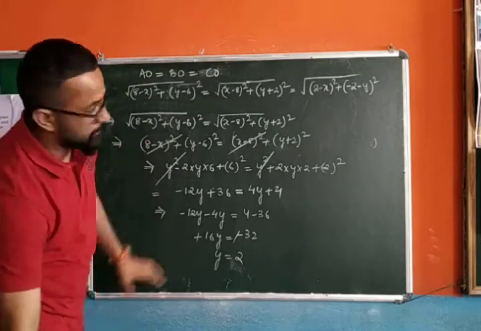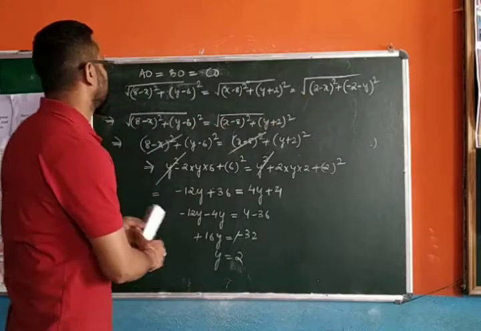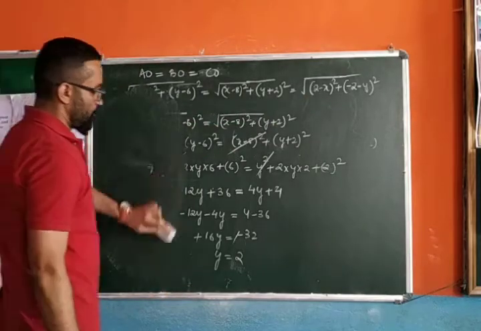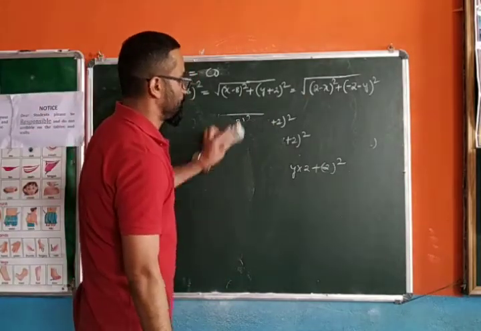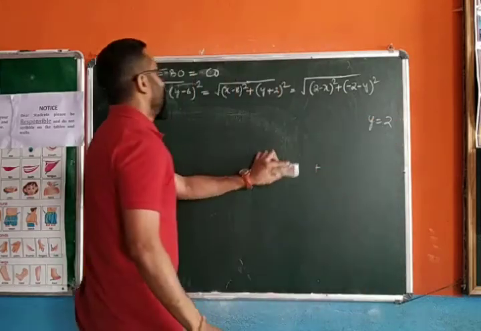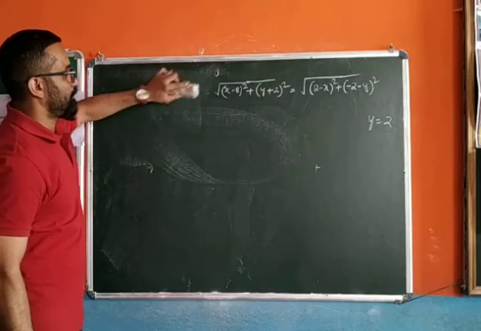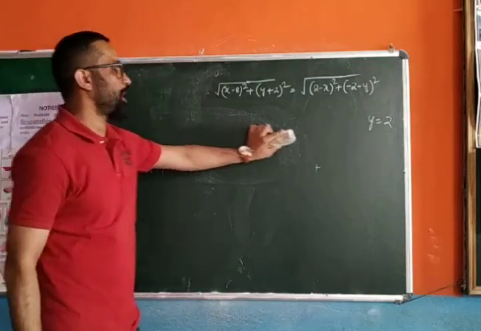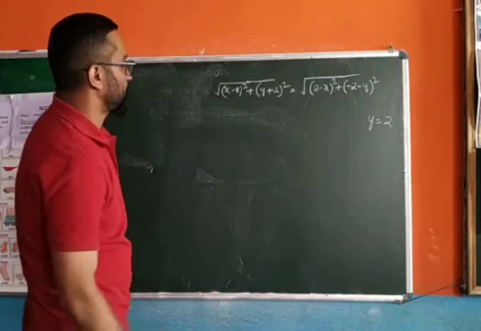Similarly, we take these two now. So y we got, which is equal to 2. Now take BO and CO to calculate x.